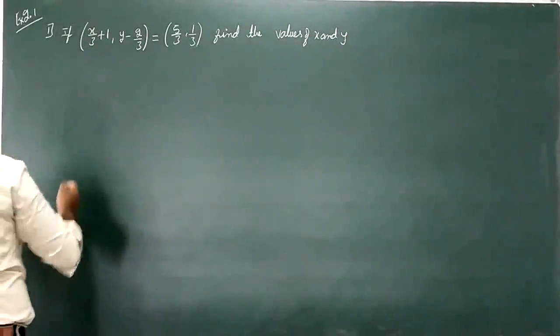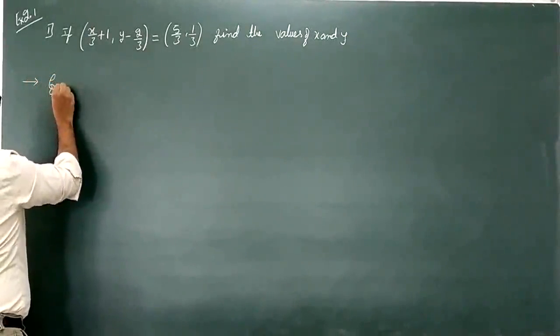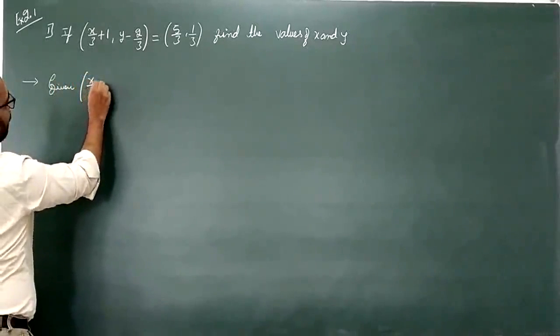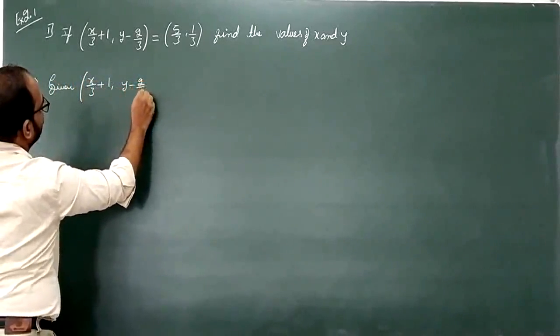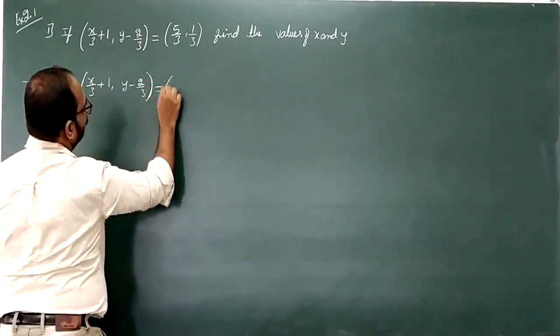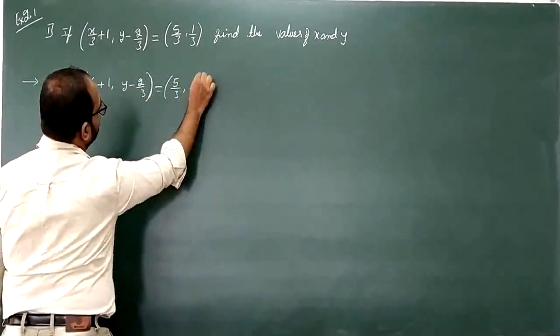Write down given: (x/3 + 1, (y - 2)/3) = (5/3, 1/3).